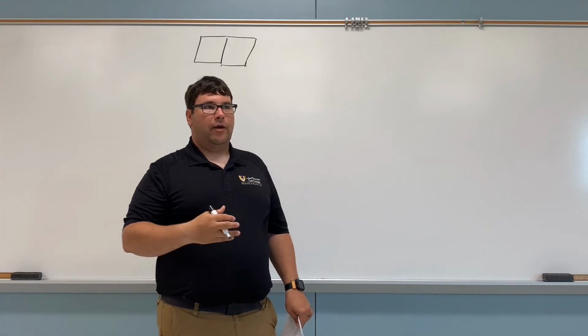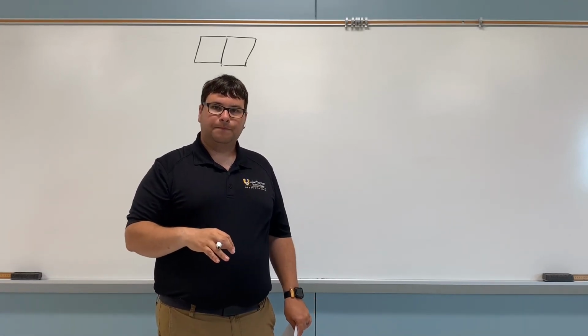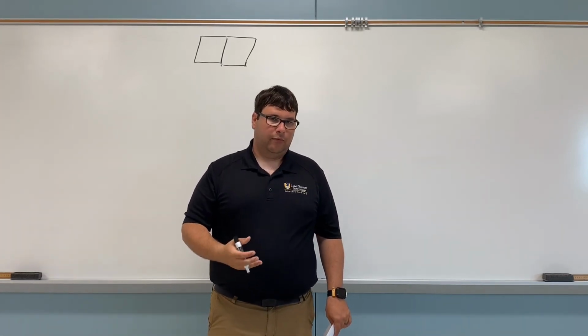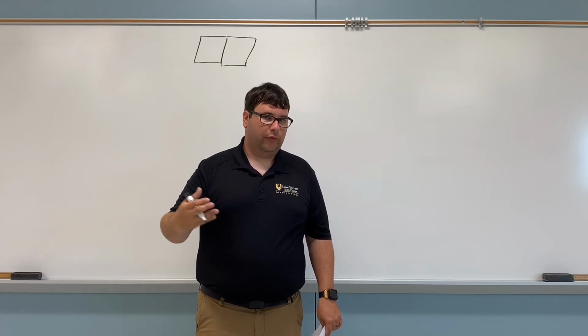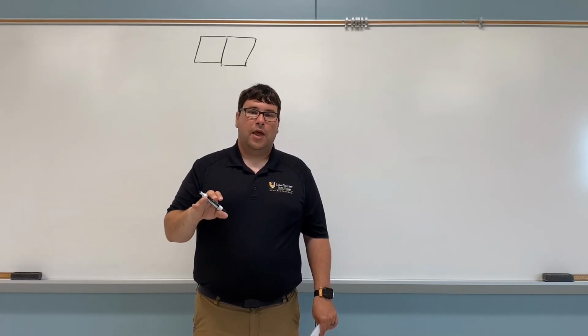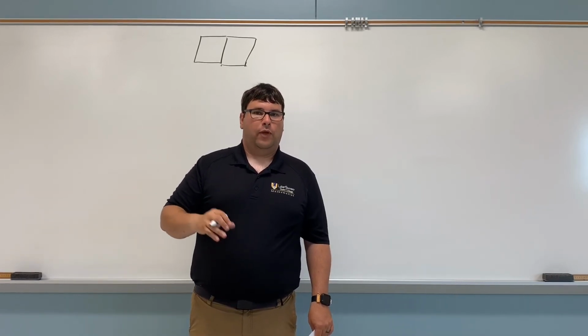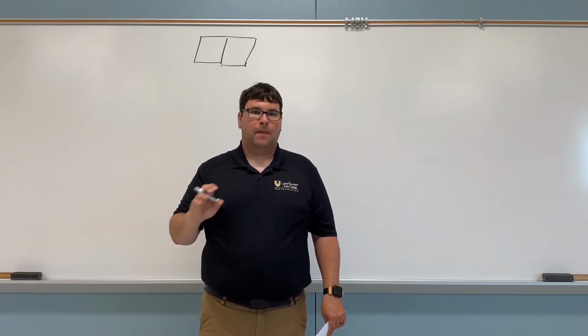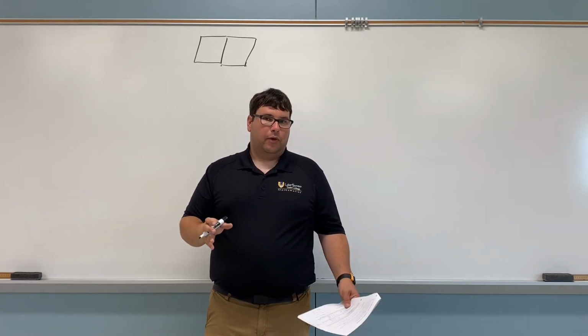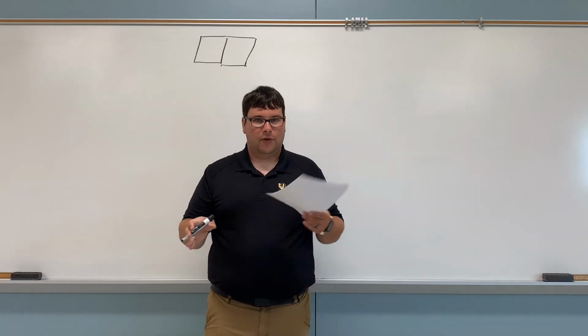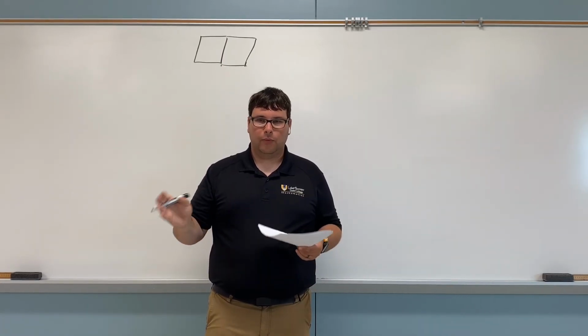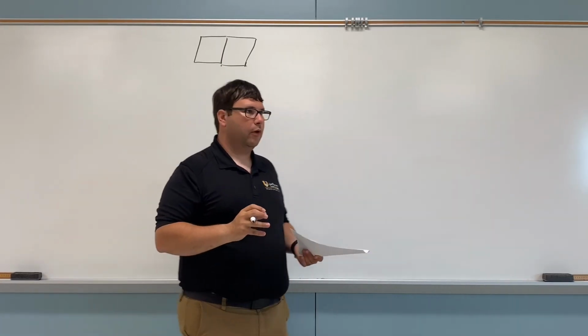If you were talking about evens or odds, even consecutive numbers would be something like 2, 4, 6, so on and so forth. If I'm looking at odds, I'm talking about 1, 3, 5, so on and so forth. But I'm talking about a book. The book is going to go from even to odd, so on and so forth throughout the entire book. That's how page numbers work for us.